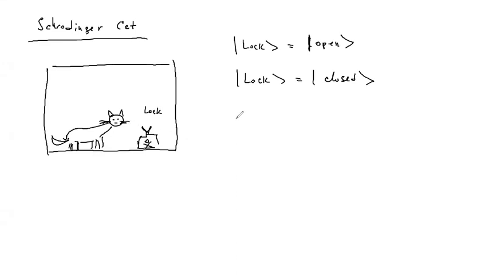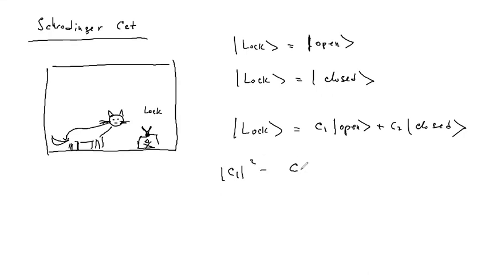So then the joke is, what if the lock is in a quantum mechanical state? What if this is a microscopic lock? So you can apply quantum mechanics, and you can put this lock into a superposition between open and closed. So then you have a probability that the cat is dead, and you have another probability that the cat is alive.